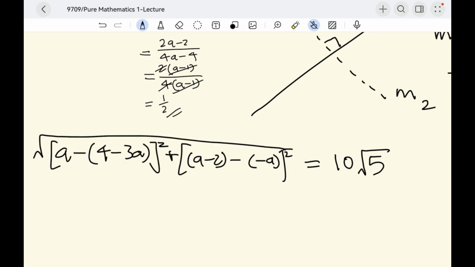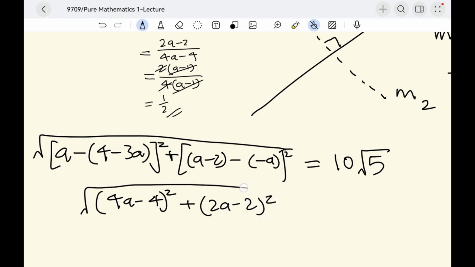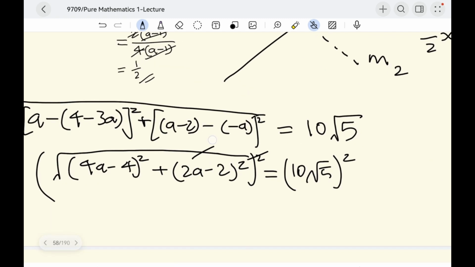square at both sides. So for the first term, I have (4A minus 4) square. Meanwhile, I have (2A minus 2) square. And the next step is to take the square at both sides. So this square root and square may be cancelled.